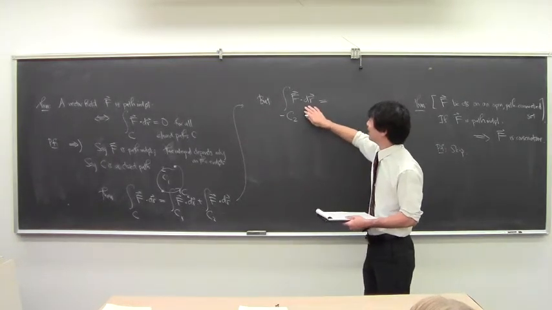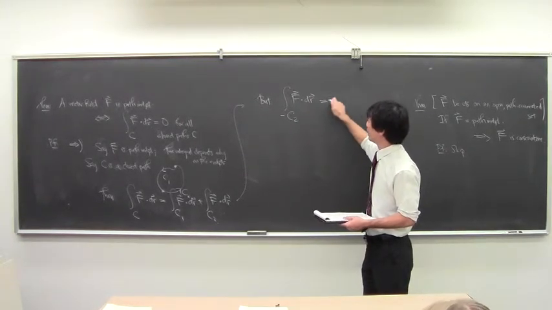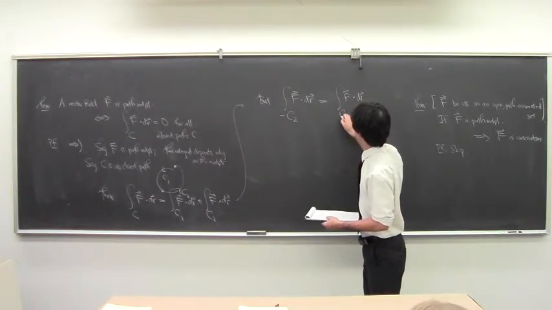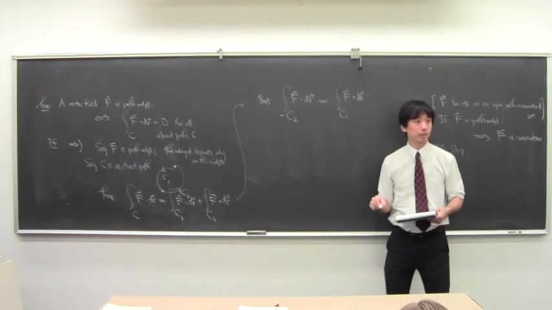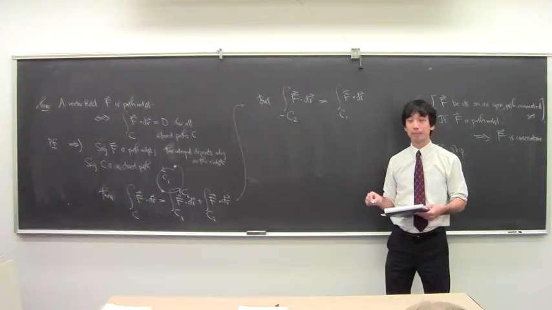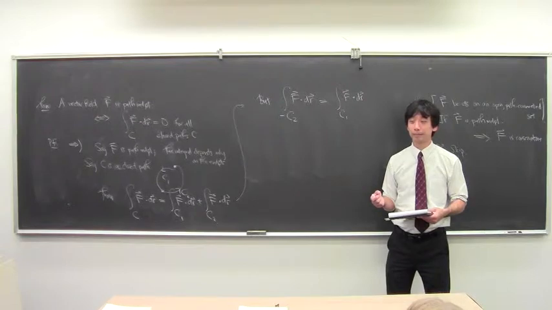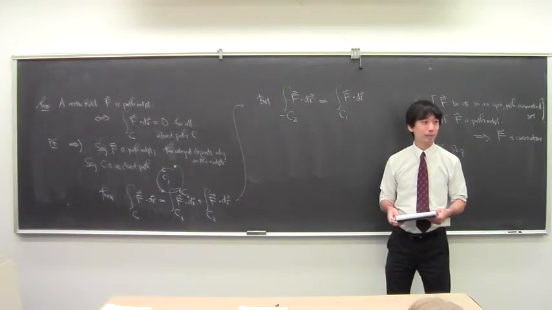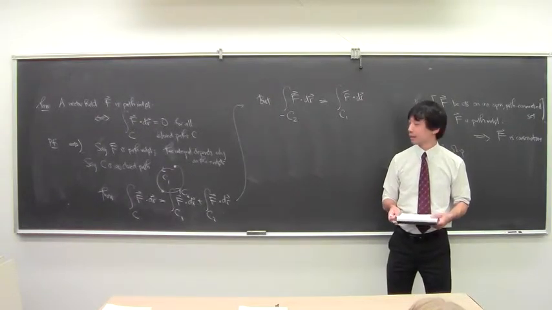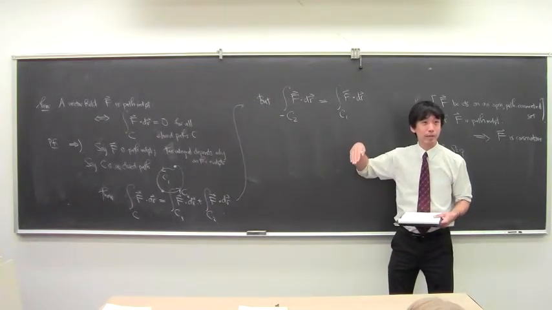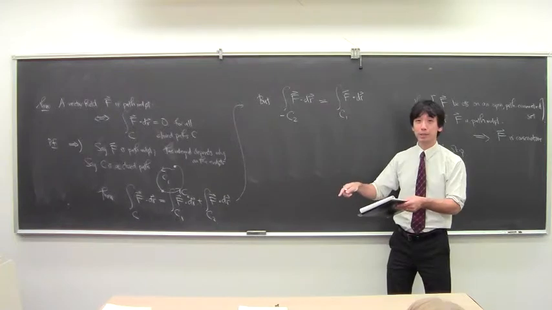Sorry. Then that will be the same as the integral over C1. Why? Negative C2 is in the opposite direction, right? So it's just C2, but going in the opposite direction.